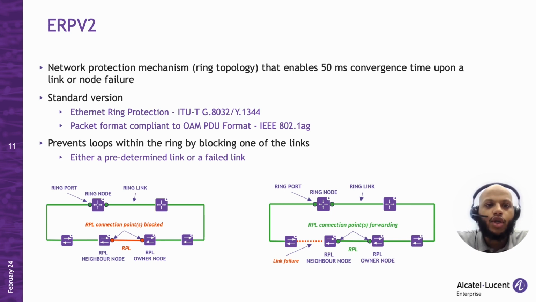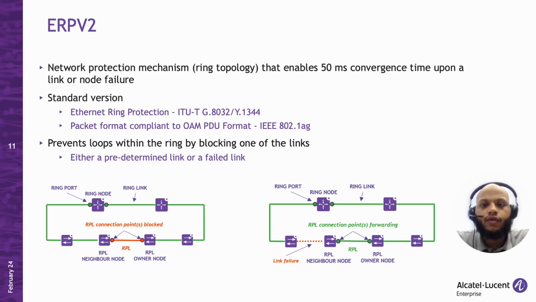The concept of ring protection architecture is based on the traffic flow of all links except for one, which is called the ring protection link, or RPL. It's shown in red in this slide. In normal operations, the RPL is blocked to prevent network loops. In the event of any ring failure, the RPL is unblocked to allow for traffic to flow over it and maintain network connectivity.